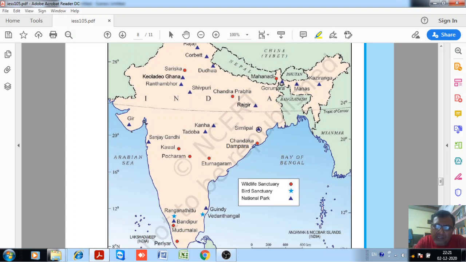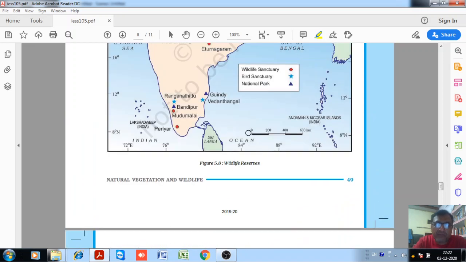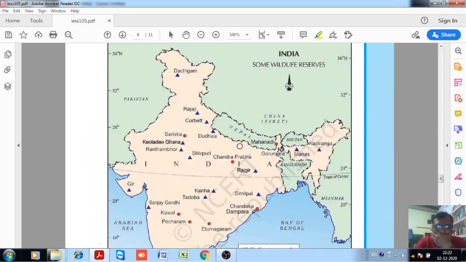These blue triangles are national parks. These red dots are wildlife sanctuaries, and these star dotted places are bird sanctuaries. Like Sariska is a wildlife sanctuary, and these stars are the bird sanctuaries. So you have to just go through this map.